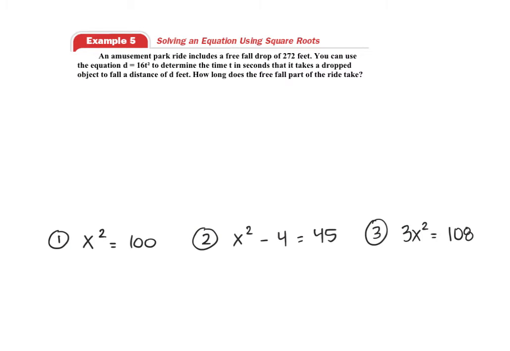All right, the last thing we're going to talk about in this lesson is solving equations where we have to use a square root. Okay, now before we jump into equations, let's do a quick review about inverse operations. When we've solved equations in the past, we've talked a lot about inverse operations, and remember we've talked about how addition and subtraction are inverse operations, multiplication and division are inverse operations, and they're inverse operations because they undo each other.